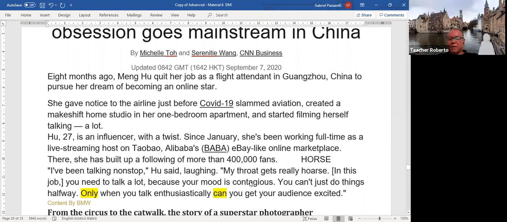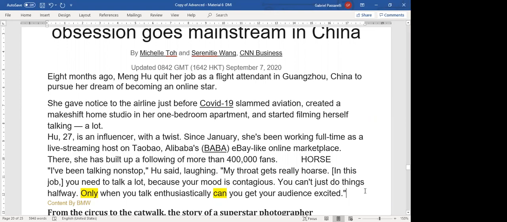So, only when you talk enthusiastically, observe the use of can. You see, it's not a question. Can you get your audience excited? You need to invert the position between the auxiliary verb and the subject. Okay, not when you talk enthusiastically, you can get. No, can you get? It's not a question. They love this structure.